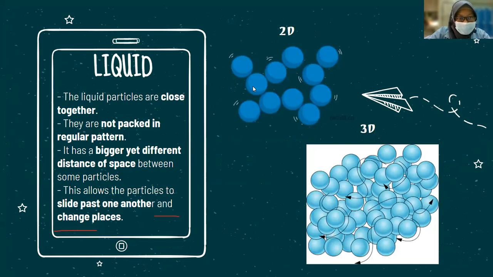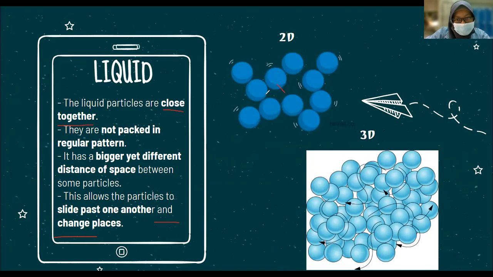How about liquid? The liquid particles are close together. It's quite close actually if we compare to the gas. They're not packed in a regular pattern, and the pattern is not fixed. It has a bigger yet different distance of space between some particles, so the spaces are different. This allows the particles to slide past one another and change places.